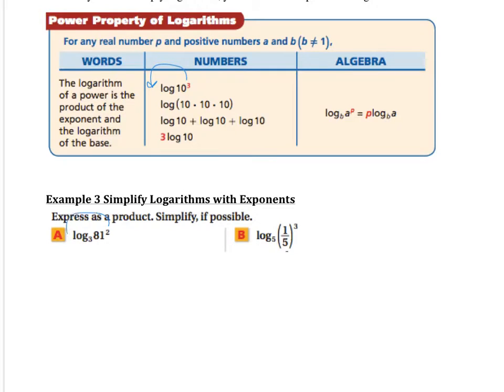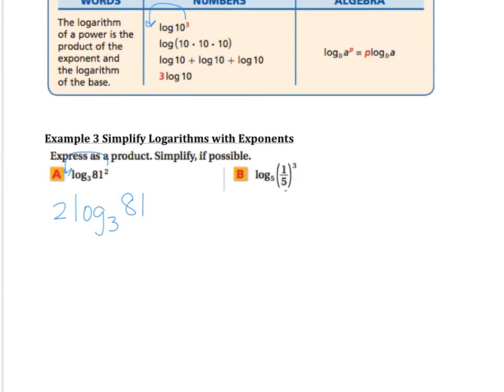So the 2 would come out front, so that this is 2 times the log base 3 of 81. Simplify the log base 3 of 81. 3 to what power equals 81? That would be 4. And then I still have to multiply it times the 2.